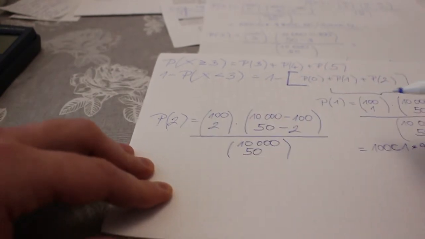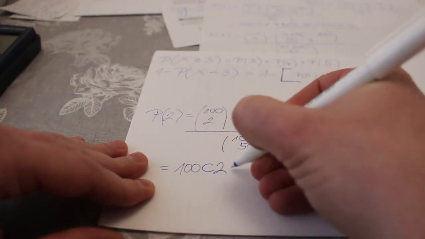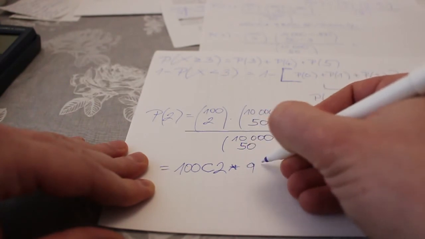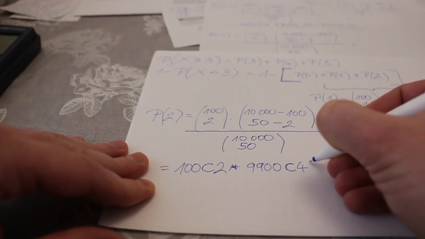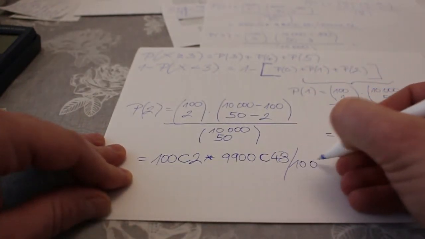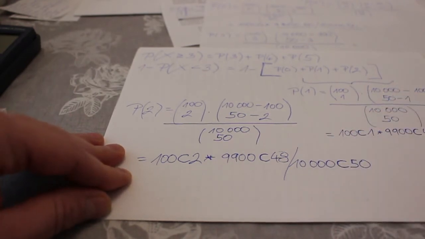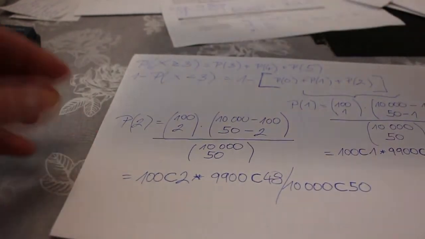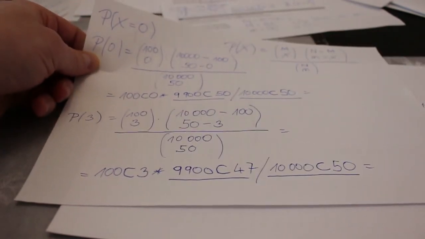So this can be rewritten like 100 C2 times 9,900 C48 divided by 10,000 C50. Okay, so everything will be solved in Microsoft Excel.